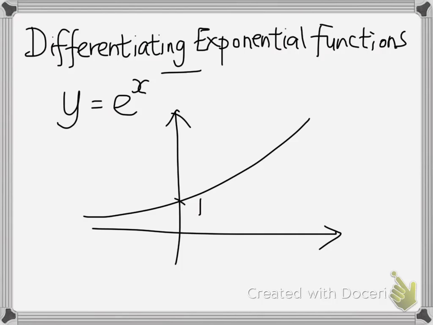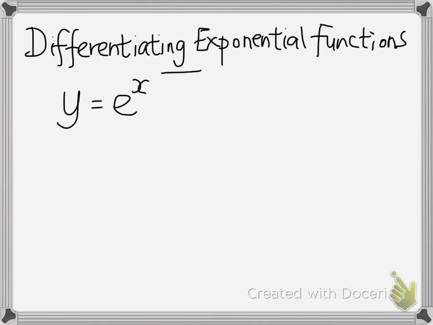So dy dx is the gradient, right? If you draw the gradient on this curve, what do you get? You get itself. The meaning of itself is dy dx is the same.